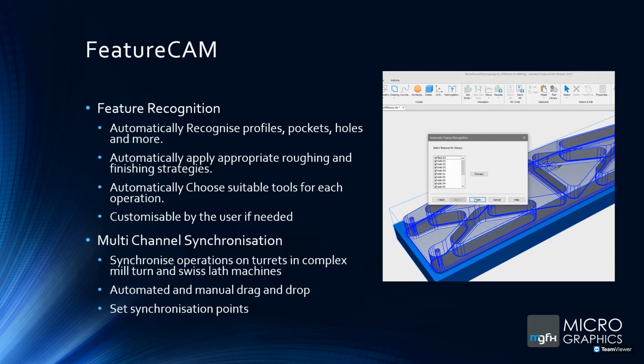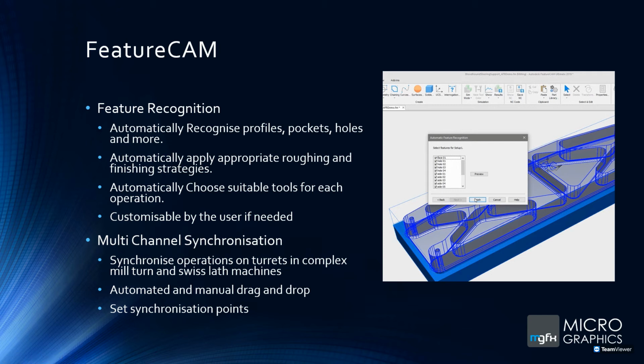So it will take into consideration internal radii and choose a tool that will suit machining into that corner and fitting that radius. Something like the pocket that we see just below the dialog box, we'll see that it also has a radius at the bottom. The correct tool will also be chosen to machine that bottom radius on the component.